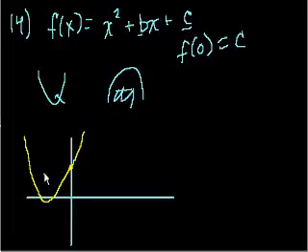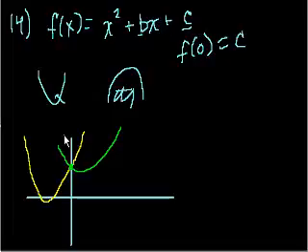I won't get too much into the intuition of the b term, but we actually know that it is shifted to the left. But based on just what I said, that it's opening upwards and has a positive y-intercept, this would have also been a legitimate graph. Anything that is opening upwards like a U, because this is a positive x squared here, and intersects the y-axis in the positive area would be a correct answer.